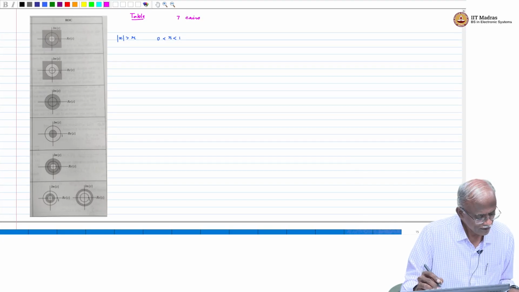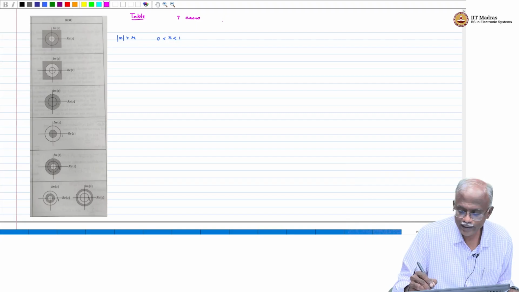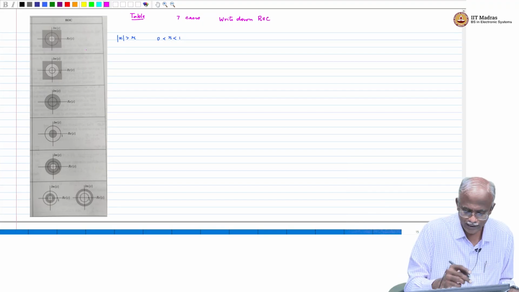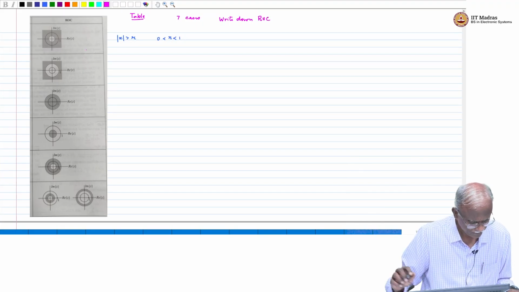For each of the 7 cases we would like you to write down the ROC. Write down the ROC that is indicated. The shaded portion is the ROC.